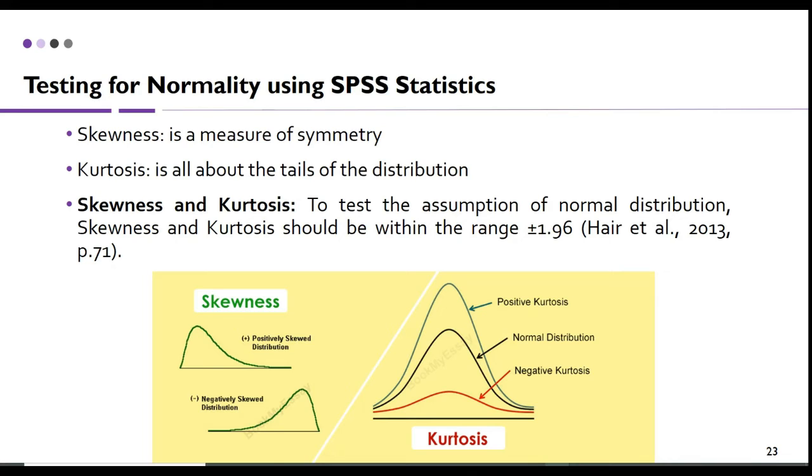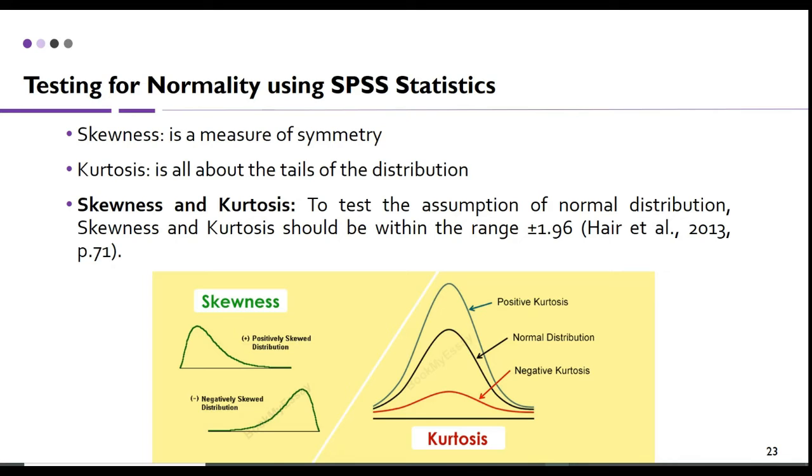So there are two terms that we need to check in order to assess whether our data is normally distributed or not. The first one is skewness, the second one is kurtosis.